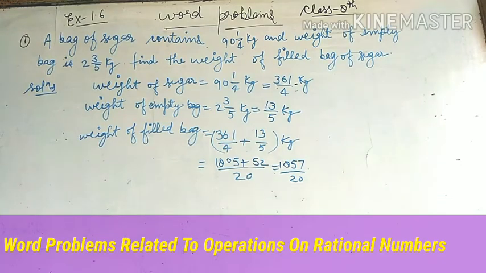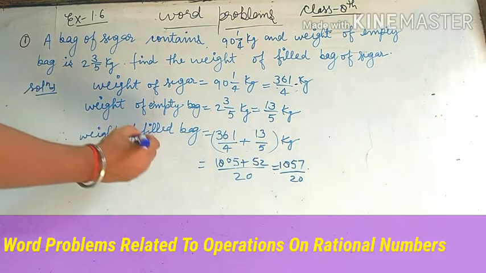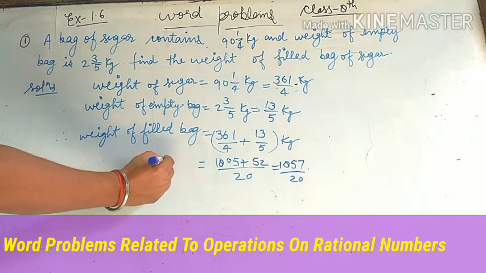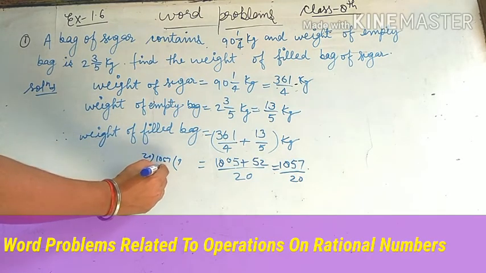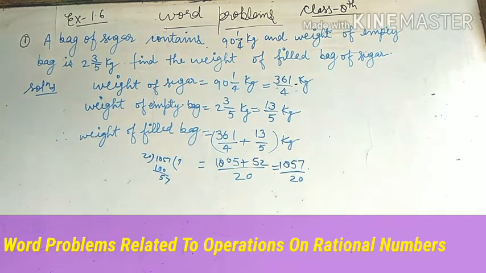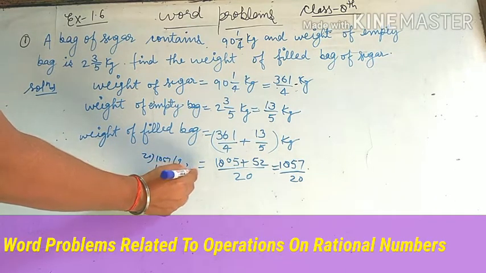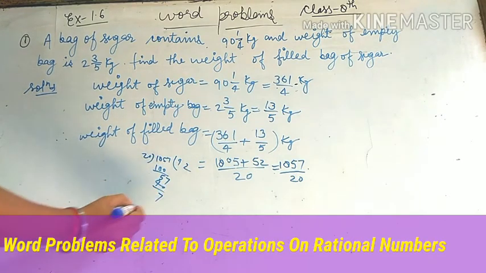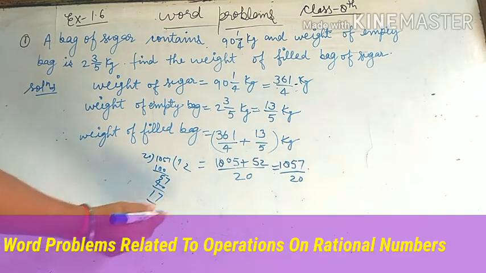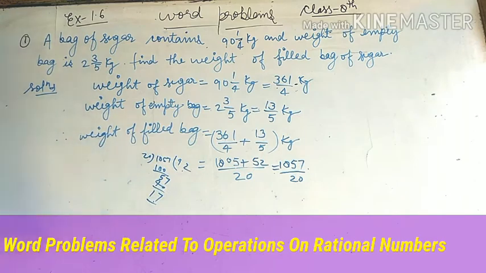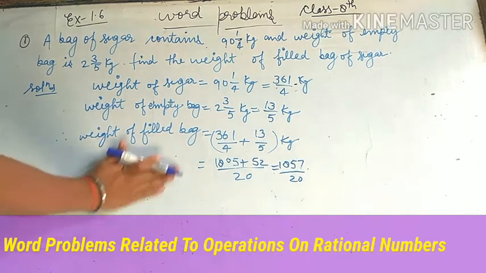Look here, 20 into 1857: 9 twenties are 180, 5 is remaining, then 57, 2 twenties are 40, remaining 17. So the answer will come 92 complete 17 upon 20.